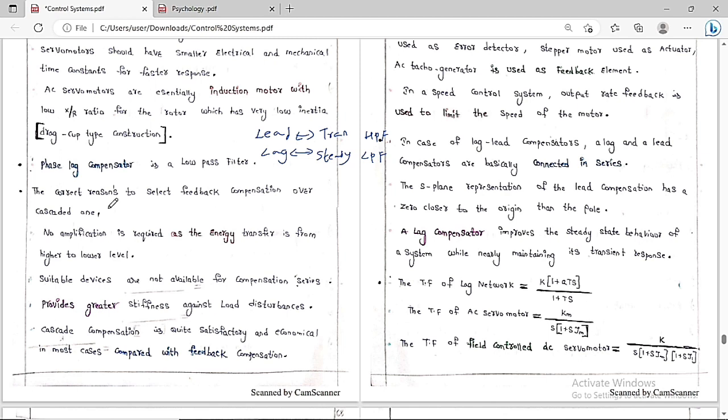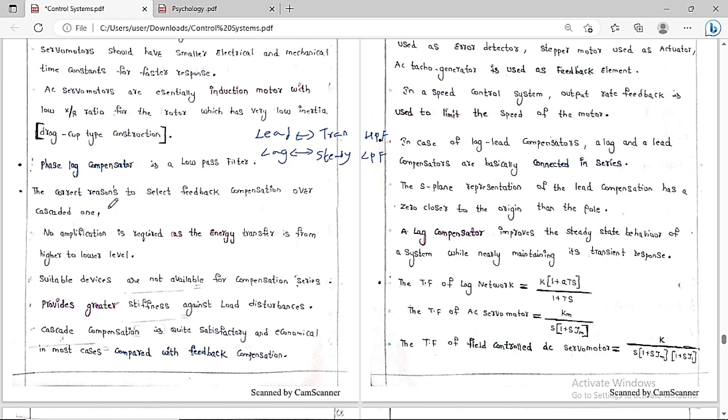Also there are no suitable devices available for the series or cascade compensation, and the feedback compensation is going to provide greater stiffness against any load disturbances, whereas the cascade compensation is quite satisfactory and economical in most cases when compared with the feedback compensation. So these are some of the reasons to prefer the feedback compensation over the cascade compensation.